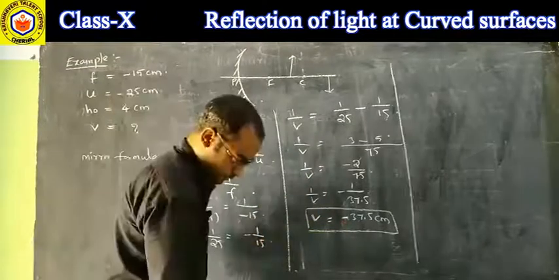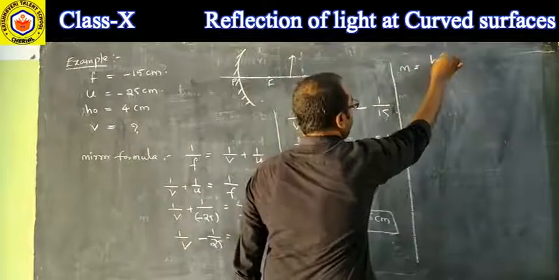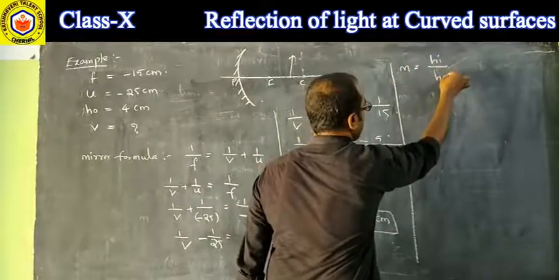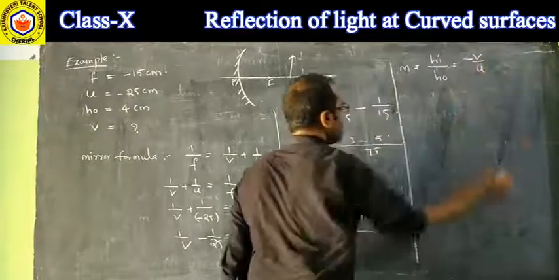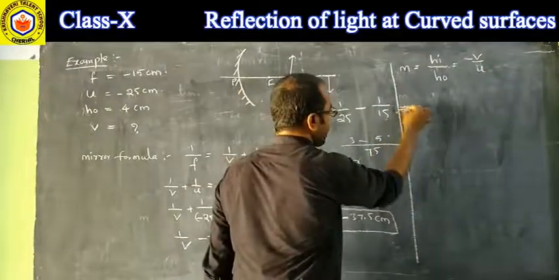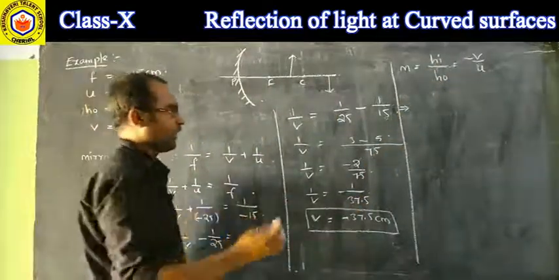From the magnification formula we have M equals HI by HO equals minus V by U. From this we can find HI, the height of the image, which we don't know and have to calculate.